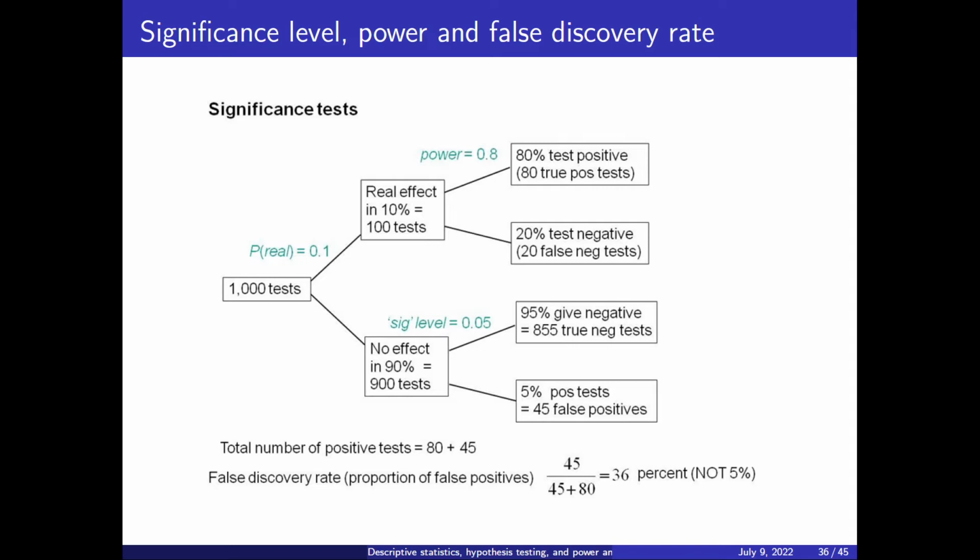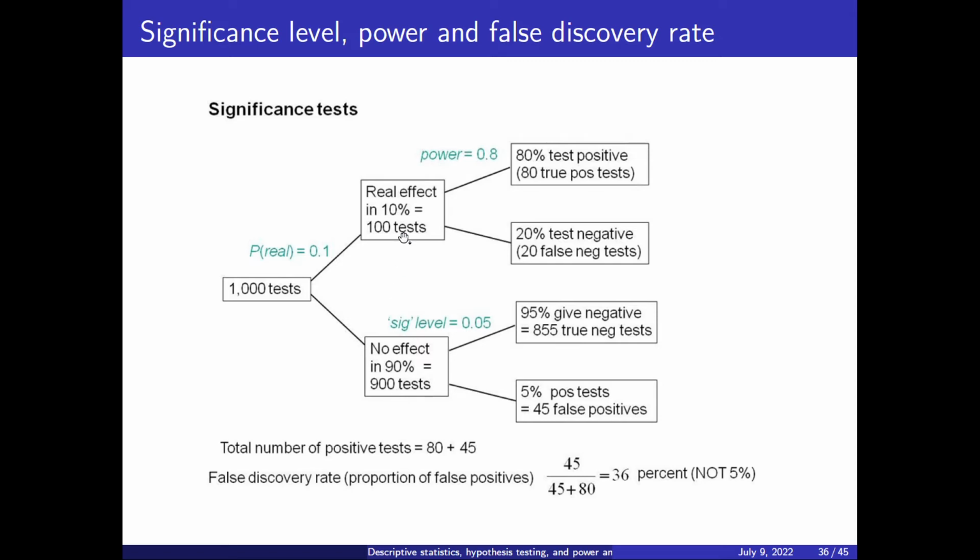In drug screening, you test 1,000 compounds, and in these 1,000 compounds, let's say that the state of nature is that only 10% have an effect on a given phenotype, for instance. So only 10% of these 1,000, that is 100 compounds, have an effect, while the other 900 don't have any effect.